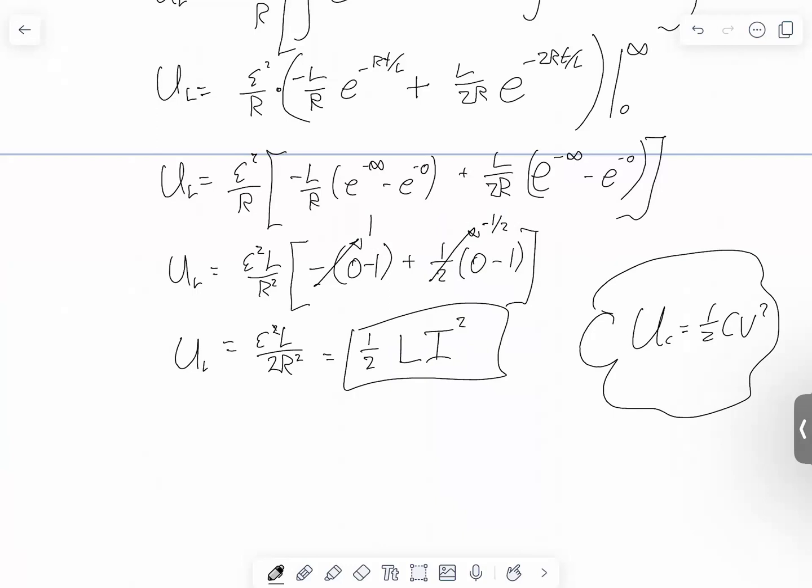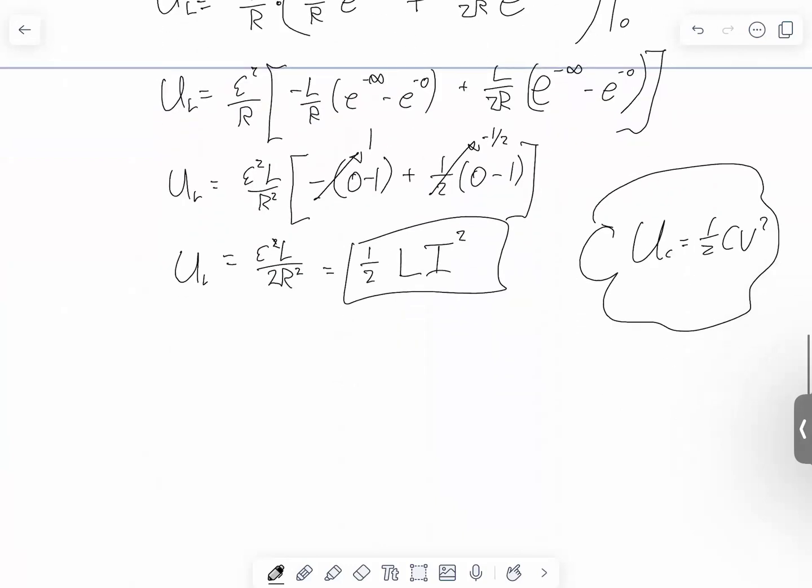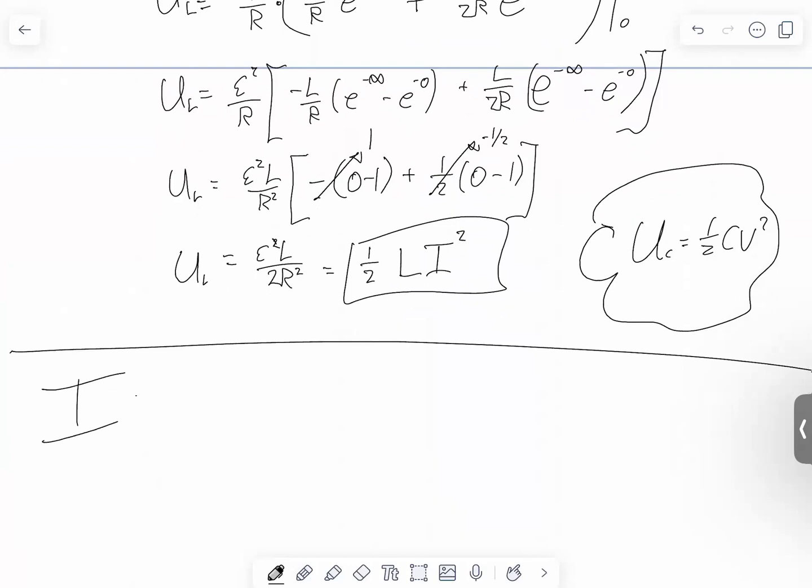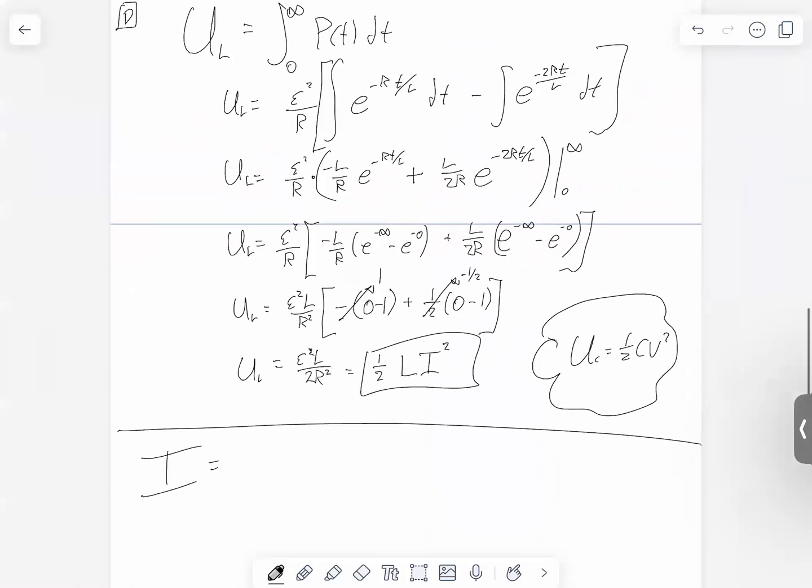You could find the power dissipated by the resistor. Find the energy dissipated by the resistance. Integrate up IV, where V is the voltage across the resistor. Ready, set, go. I will write this down: current in the circuit. I don't really have to write IL.